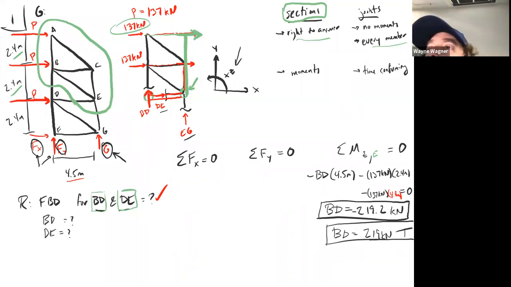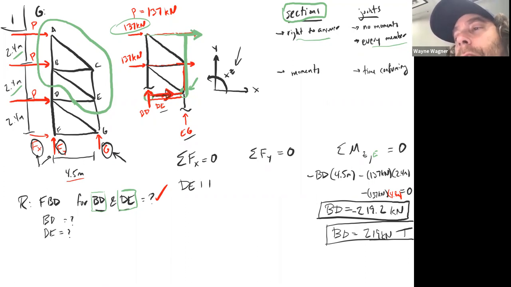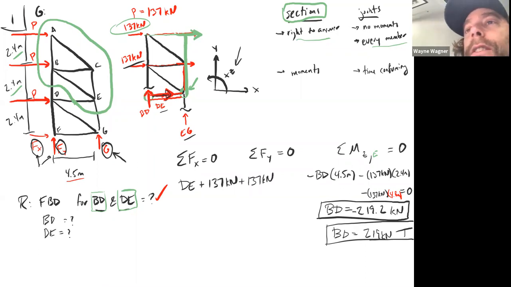Okay, so now to get DE, the other nice thing about DE is it also comes out of an equation pretty easy. It's kind of hard to see now that I've drawn all over it, but here's DE right here. Well, notice DE is the only unknown X direction force. So we want to solve the sum of forces in the X. So we get DE, looks like we assume that it's positive right here, and then we'll get plus 137 kilonewtons. Okay, so that's this force, plus 137 kilonewtons, that's this force, and that's all the X direction forces.